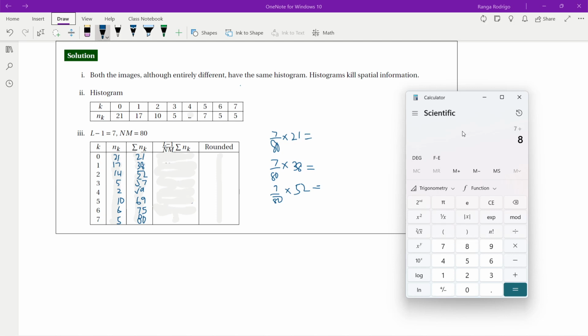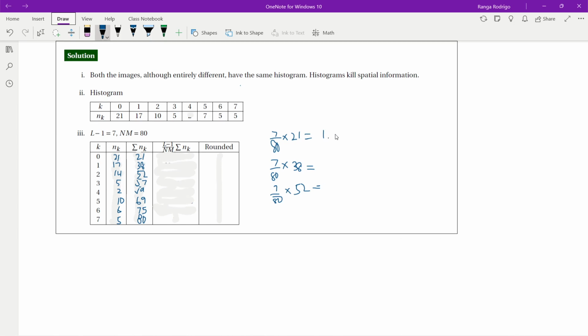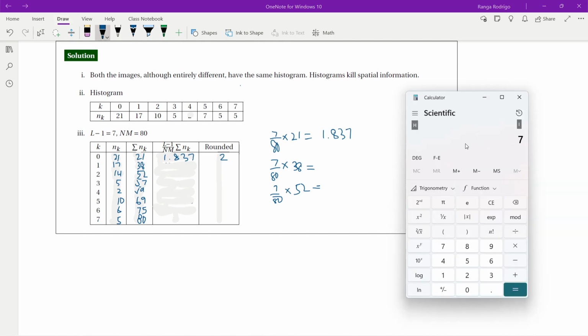Seven divided by 80 times 21, 1.837. So 1.837, and you had to round it, it becomes 2. 7 divided by 80 times 38, you've got 3.325.